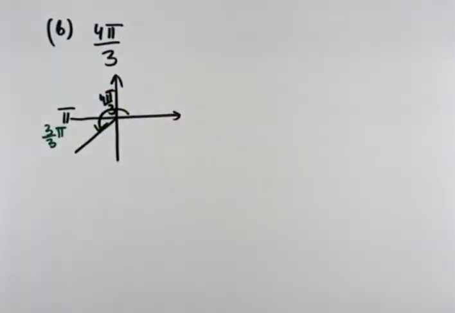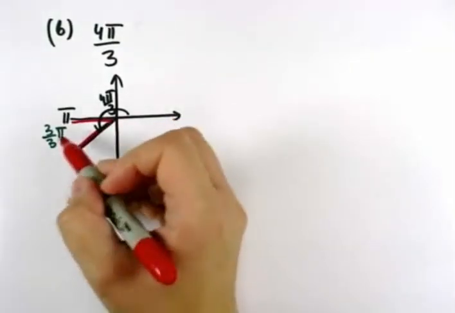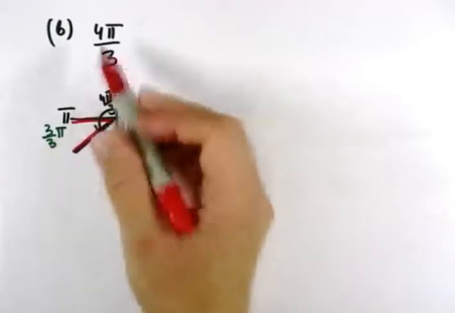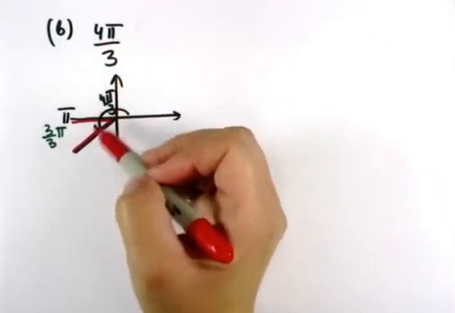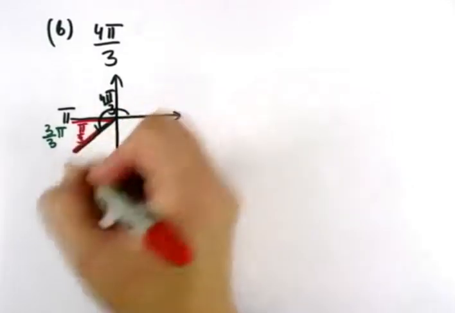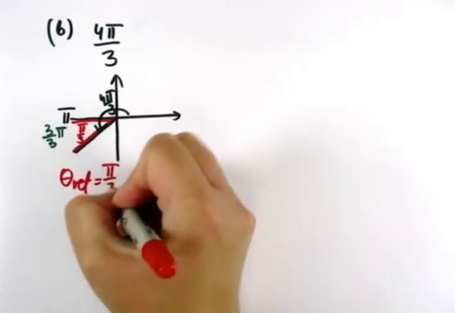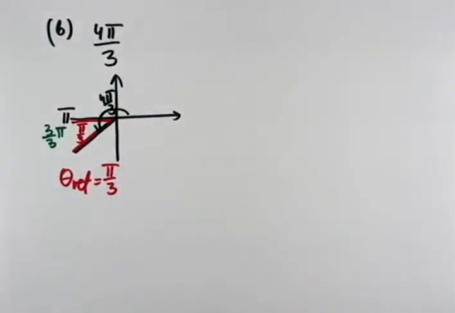So my reference angle, this small angle, how much more did we go? 3/3, and to 4/3 we go 1/3 more, so pi over 3. So theta reference is pi over 3, or 1/3 pi.